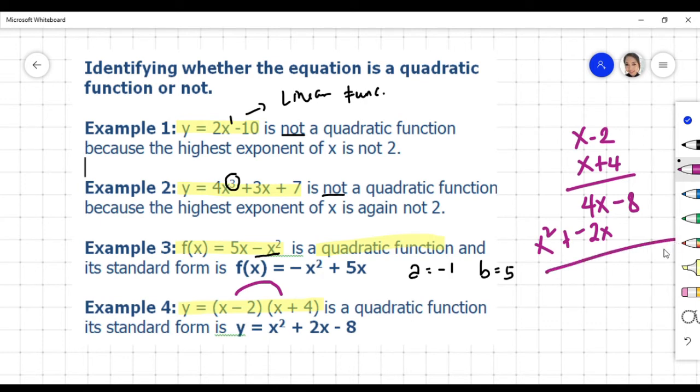So this is -8, positive 2x, and copy x squared. That is y is equal to x squared plus 2x minus 8. So that is an example of a quadratic function.